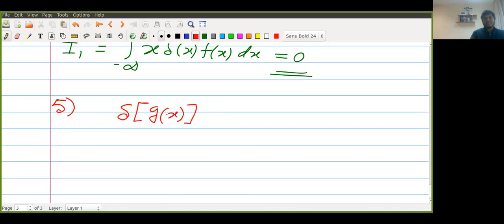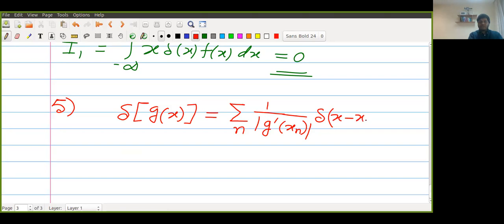I consider a function g of x. I am not going to prove it at this moment, but definitely I'll do it in the future. For now, I'll use this as a tool.